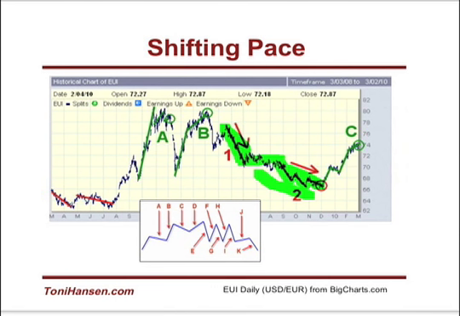So we have a shift not only in this larger entire move, marked number 2, as compared to number 1, but within it we have a smaller shift in momentum as well. And that helps give this trigger here for that break higher, which took place very close to the start of December here on the EUI.